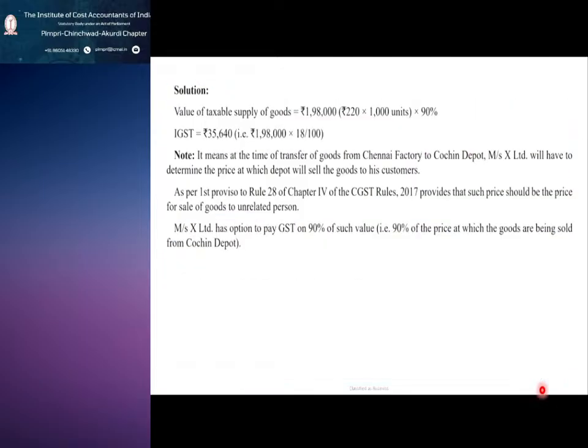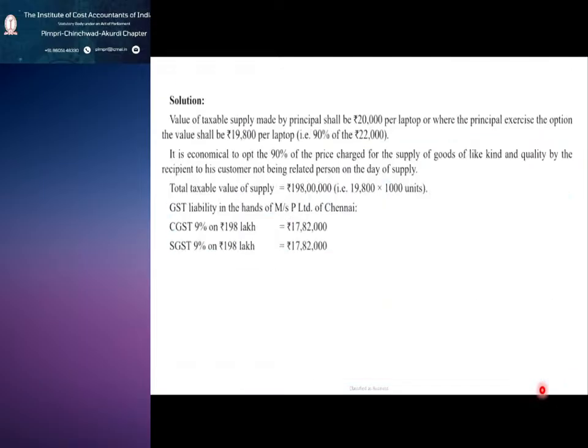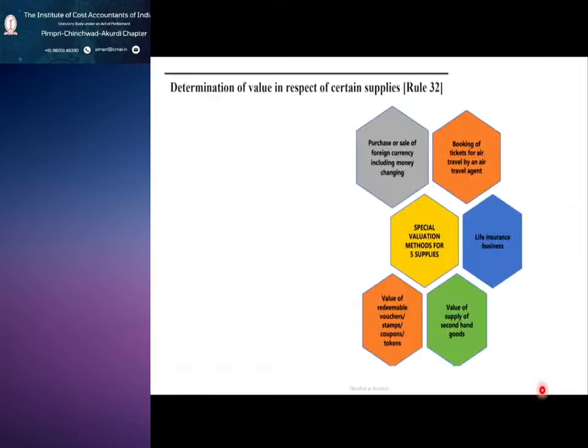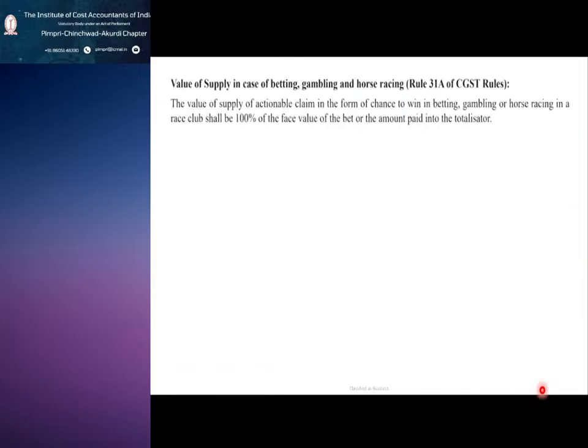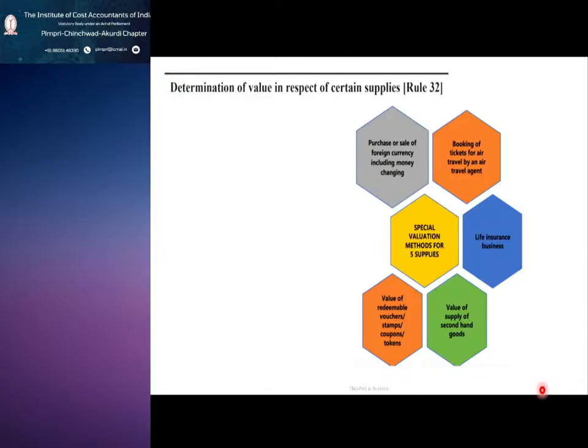So now I am moving on to rule 31. Sorry, rule 32. You can have a look at this rule 32.